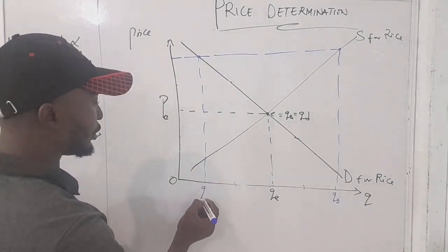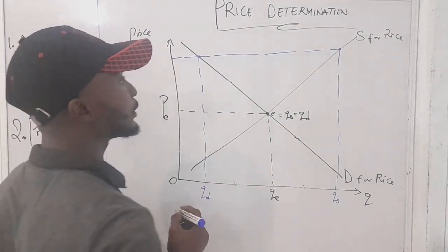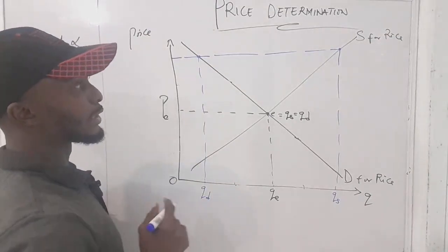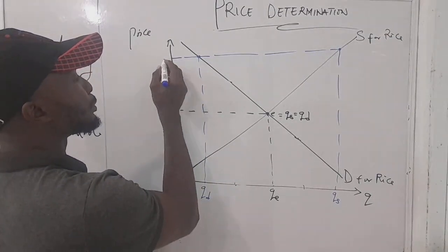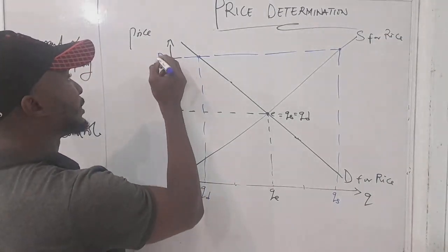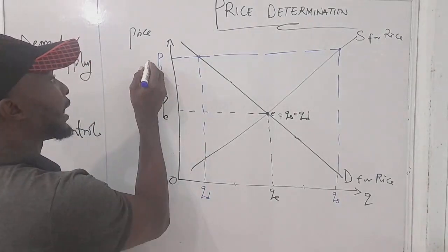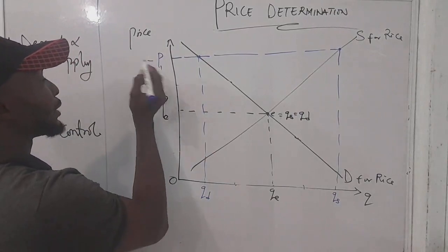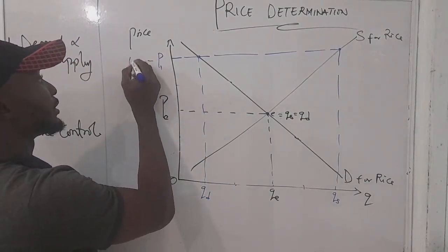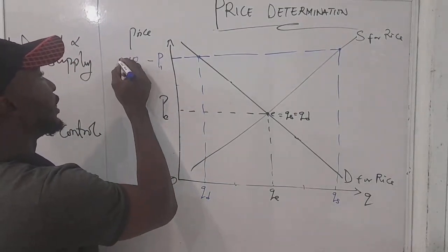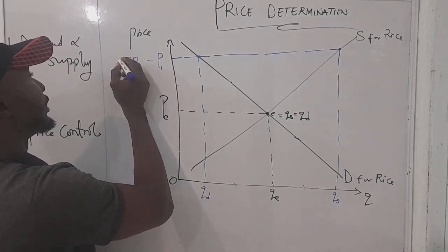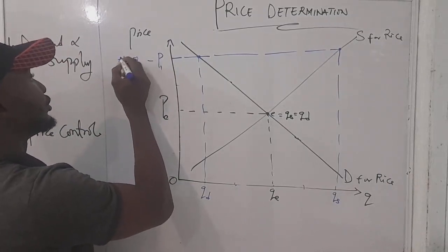We call it QD. Now, if you notice what has happened here, when the price of the product is high, this is P1. Let's just give it a value and say the price of the product in this case is 10 in pounds, or let's say 10 in the Nigerian naira.